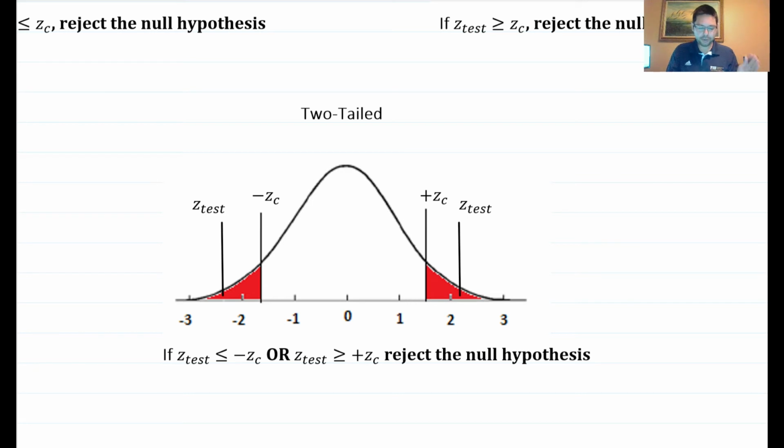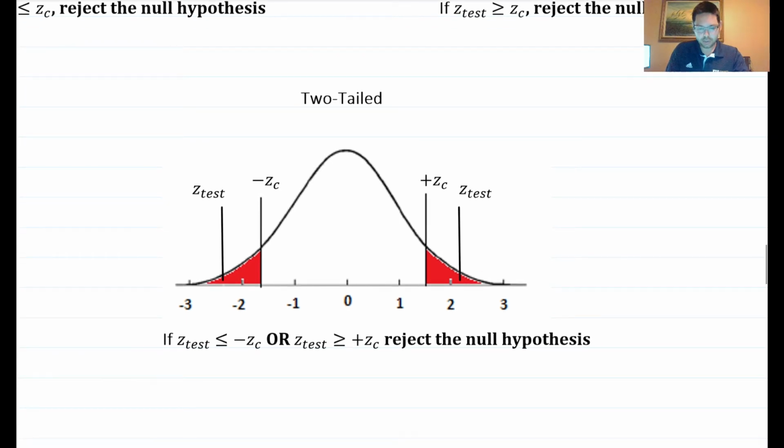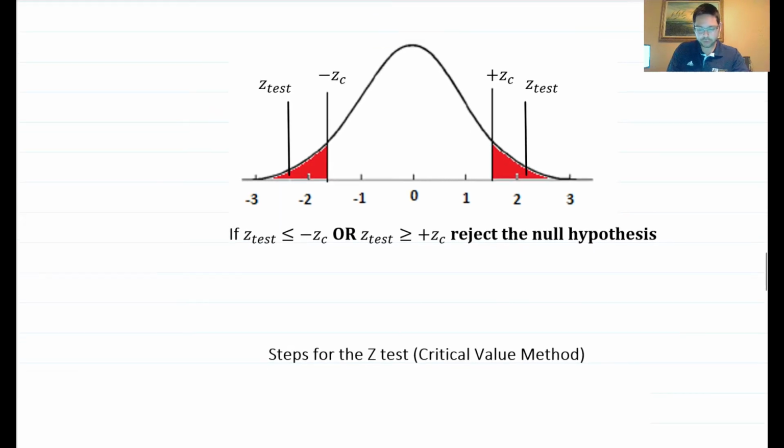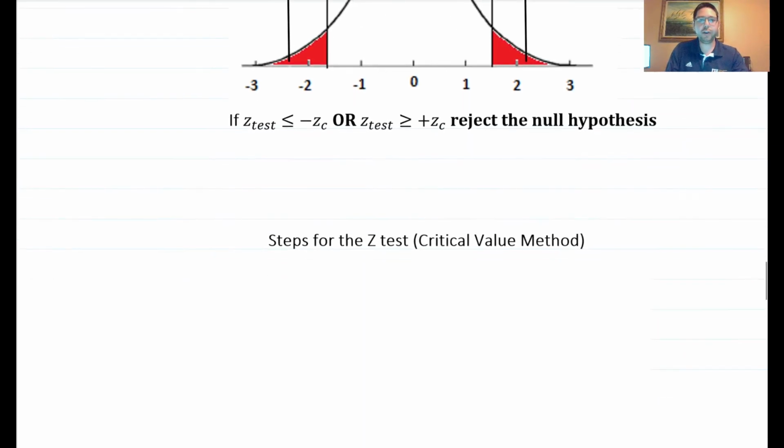So basically, if your z-test is less than or equal to your negative z-critical, or your z-test is greater than or equal to your positive critical, then you reject. Otherwise, if it's between the negative and the positive z-critical, then you're going to fail to reject. All right. So those are your cases for using rejection regions for hypothesis tests.